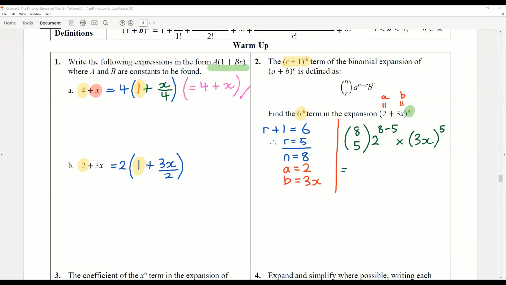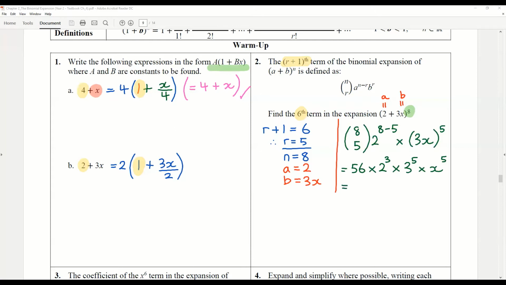All right. Now 8 choose 5. If you can do that on your calculator, that will give you 56. Multiplied by 2 to the power 3. Multiplied by 3 to the power 5. Multiplied by x to the power 5. Okay, so we have to find the whole term that includes the x to the power 5.